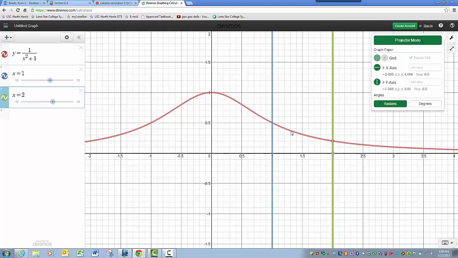Between these two lines, I want to take this area inside here and spin it around the y-axis, and it's going to create some kind of volume. So if I take this chunk and spin it around the y-axis, how much volume will I have? That's the solid we're looking for.